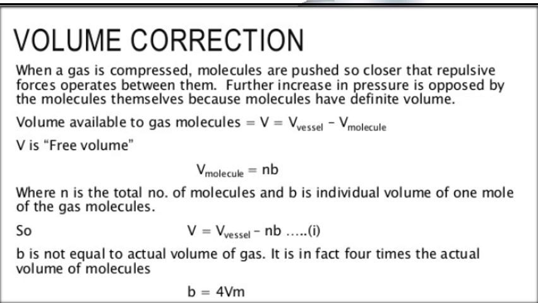This is the highly compressed state where we have to make corrections in the general gas equation. You know very well what the general gas equation is: PV is equal to nRT.